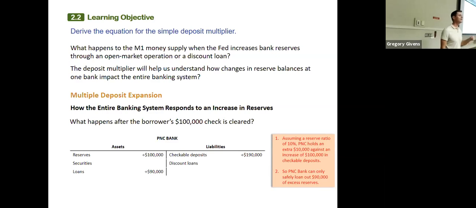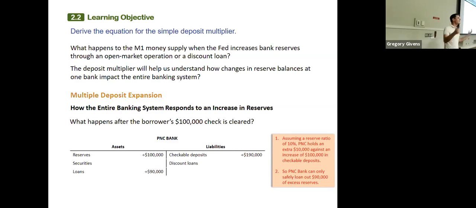Now again, how does PNC provide this loan? Pay attention here. They're going to deposit $90,000 into the checking account that Levi holds with PNC Bank. So there is a second loan that has been issued in this economy. So what has been the total effect now on the money supply? Gone up by 100,000 plus an additional 90,000, right?